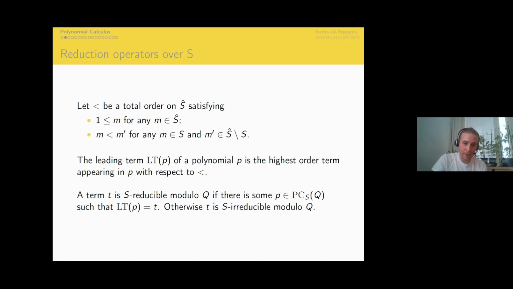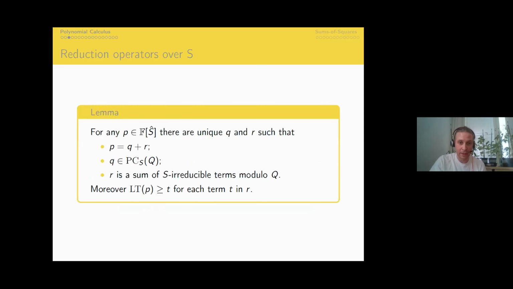And the important fact about these irreducible terms is that you have a unique decomposition of any polynomial into a provable part and an S-irreducible part. So you have some Q' that has a PC proof from Q over S, plus some R that is a sum of S-irreducible terms.